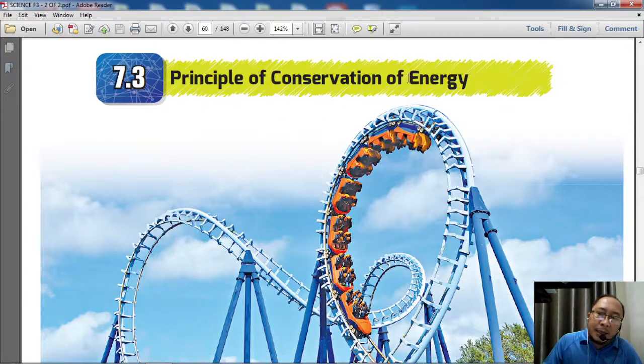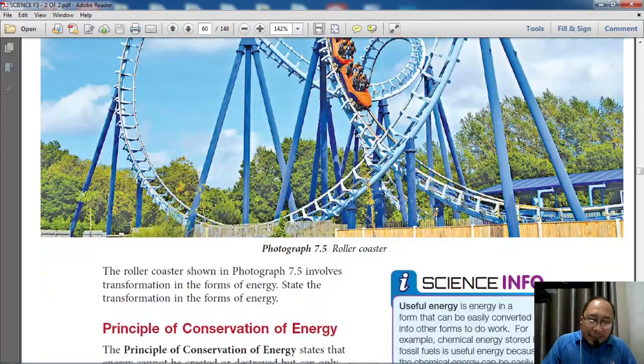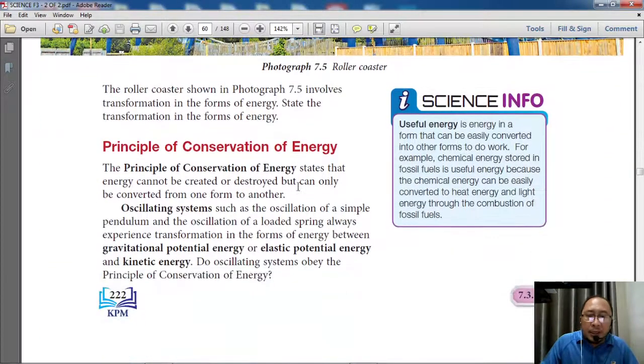Energy has its own characteristics that we must understand, in order to understand the overall concept of energy itself. So in energy, we have a principle, which we call the principle of conservation of energy. So what is the principle of conservation of energy?